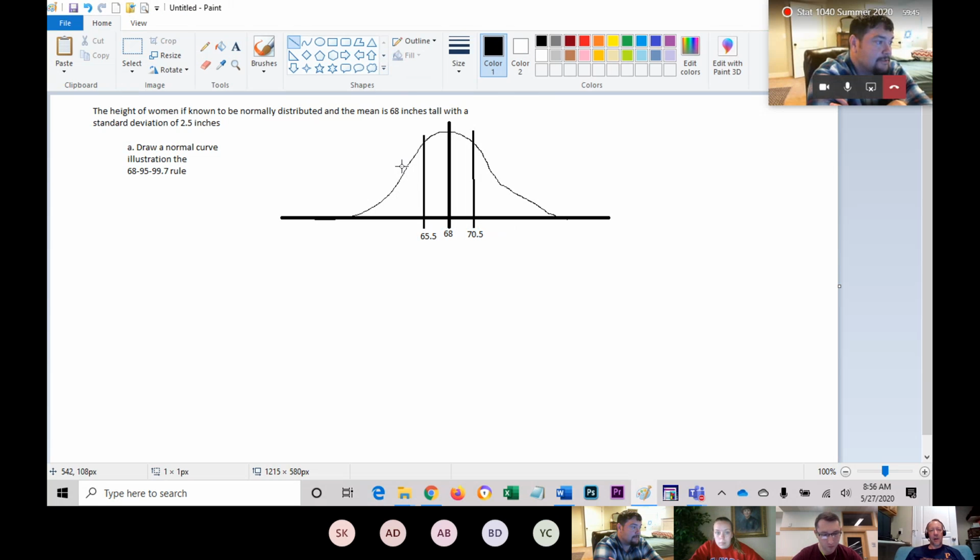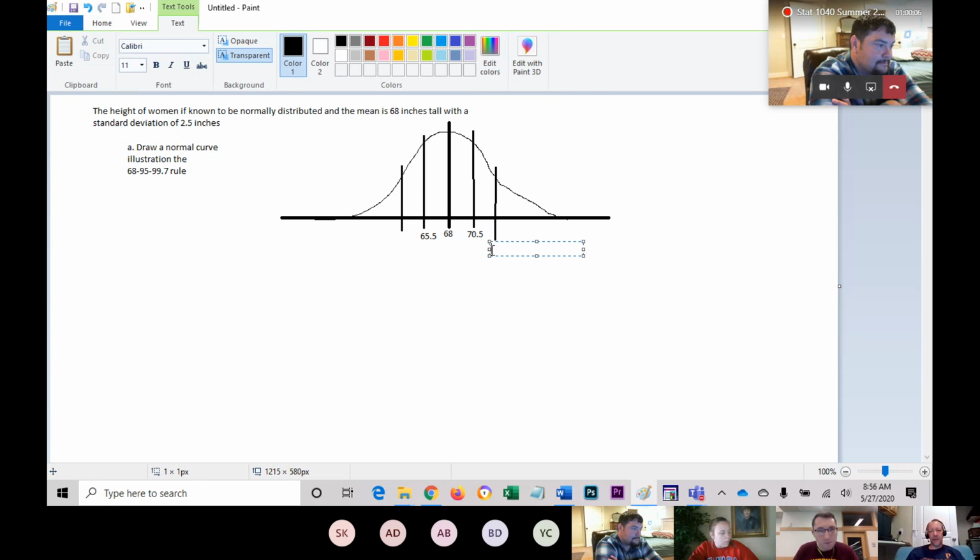Now draw our 2 sigma line. And we'll have 73 inches on the upper one there. I forgot to draw my thing here. Okay. This value is 73. Yep. And this value would be 63.